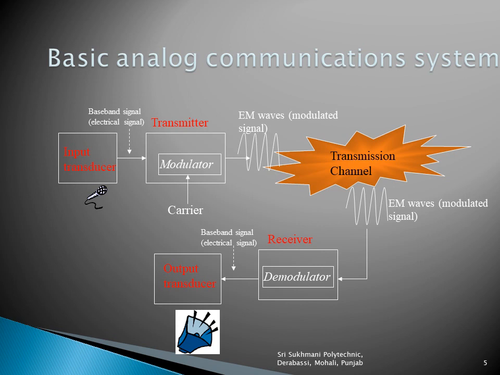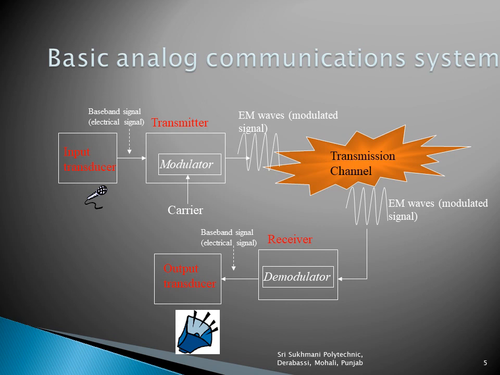From the transmission channel, it goes back to the receiver. The receiver demodulates. Whatever you modulate at the transmission end before passing it to the transmission channel, the reverse process is done at the receiver end, and the reverse process is known as demodulation.